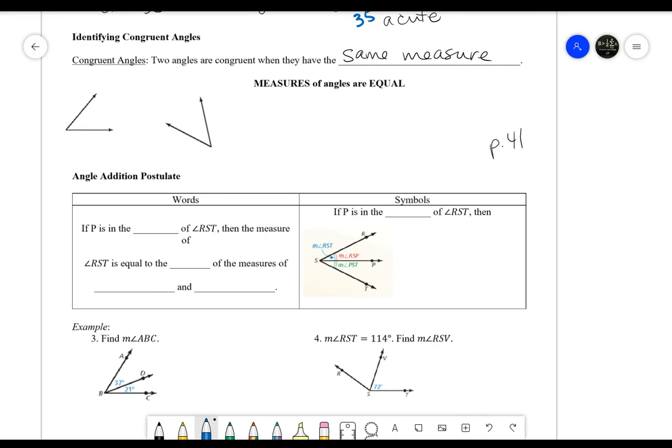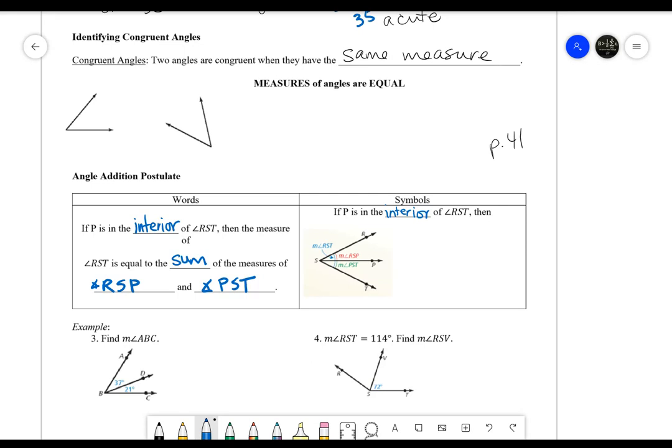Okay, in words, if P is in the interior, meaning the inside where the vertex comes together of RST, then the measure of RST is equal to the sum of the measures of angle RSP and angle PST. Okay, now in symbols, if we just didn't want to write all the sentence out, if P is in the interior of RST, we still are going to use that vocabulary word.